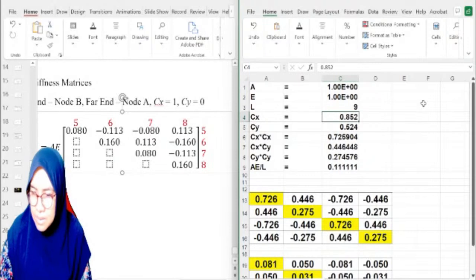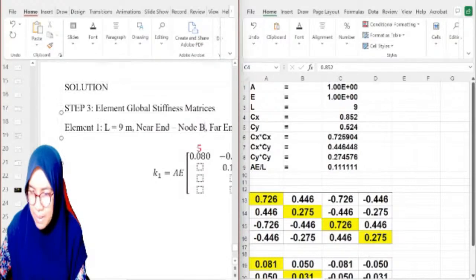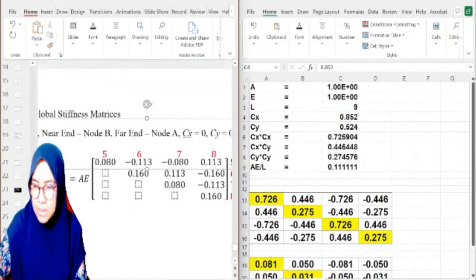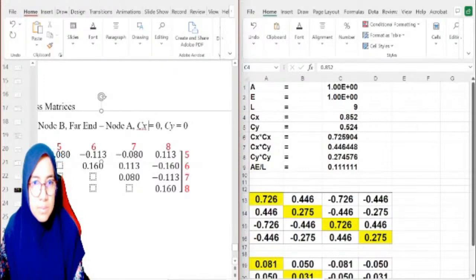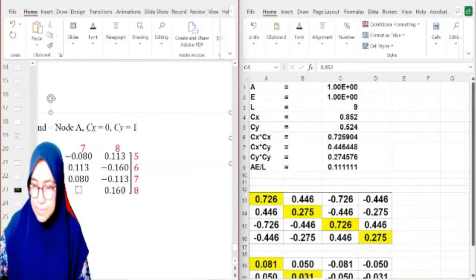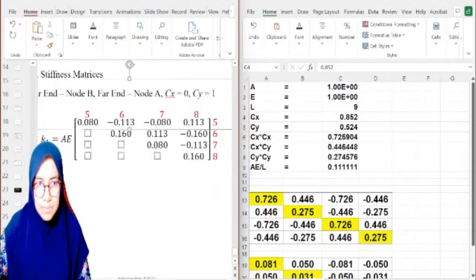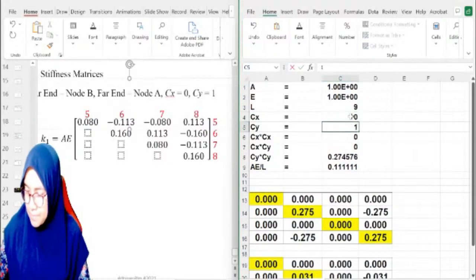Cx is 0 and Cy is 1, because it is a vertical member.